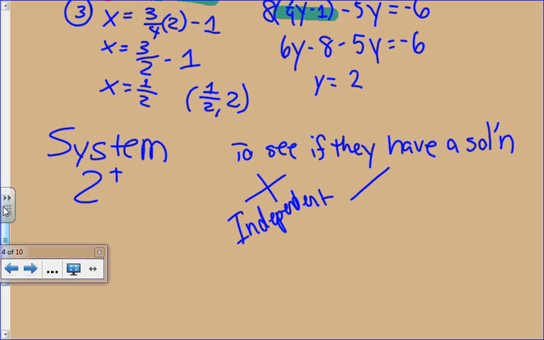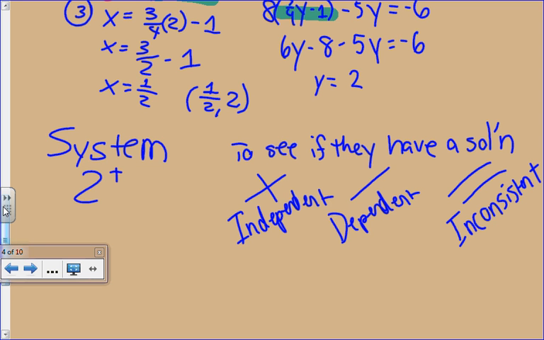Sometimes it's the same line. What do we call that? And sometimes the parallel lines never ever touch. We call that inconsistent.